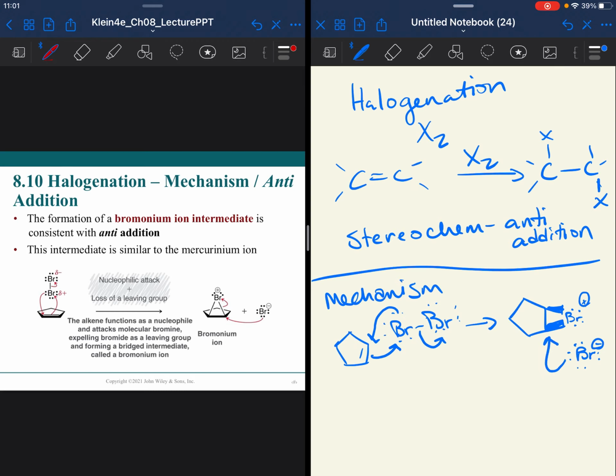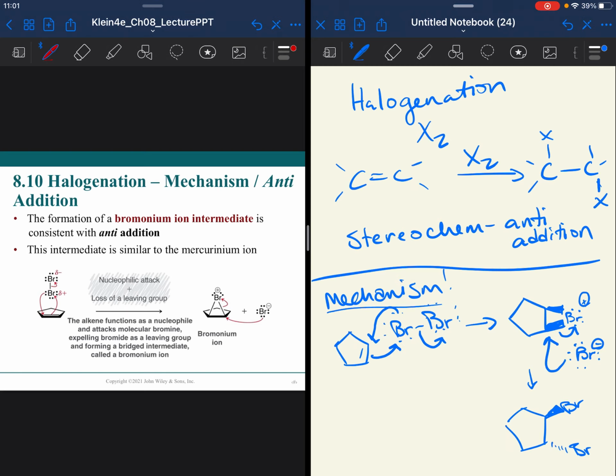So if the bromine is coming out towards us, the bromide ion is going to come from the back, and it's going to open up that bond. And we're going to be left with the bromine that was there first coming towards us, and the bromine that added second that had that backside attack, and is going to be adding from the other side. And so that's why we get this anti-addition.